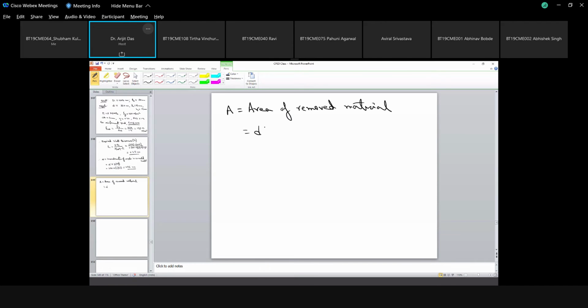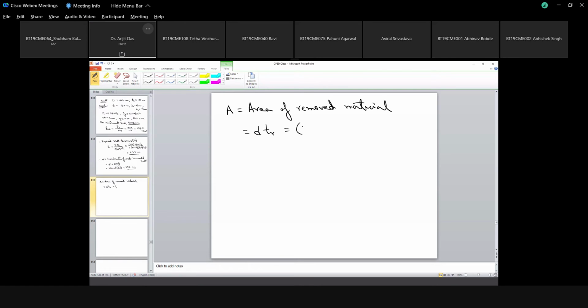That is D into TR, the inner diameter of the nozzle into TR, that is the shell thickness.